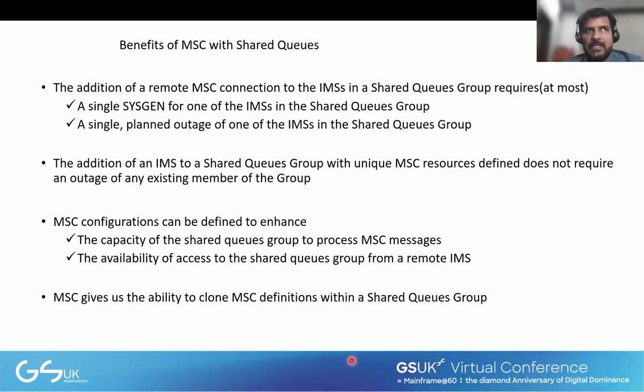In that case, if a single IMS system remains, we have to increase the MPR regions to accommodate the processing of the messages. So we have to increase the MPR regions for that single IMS.